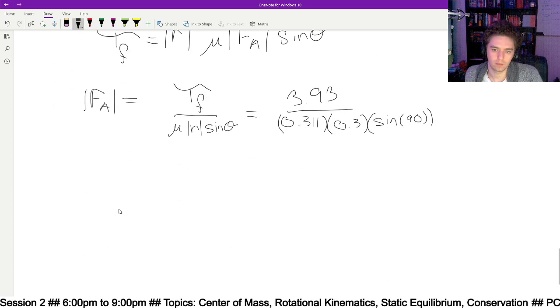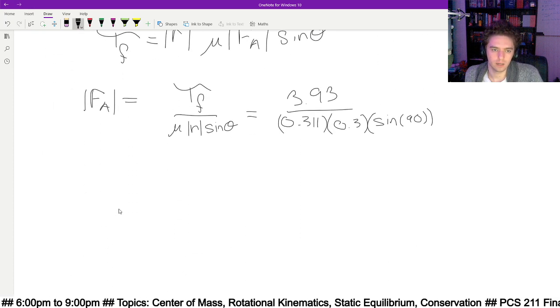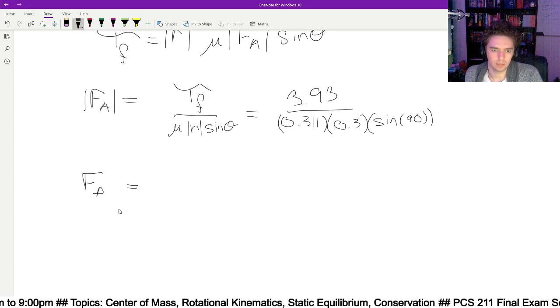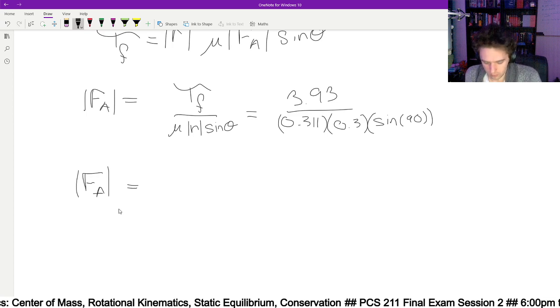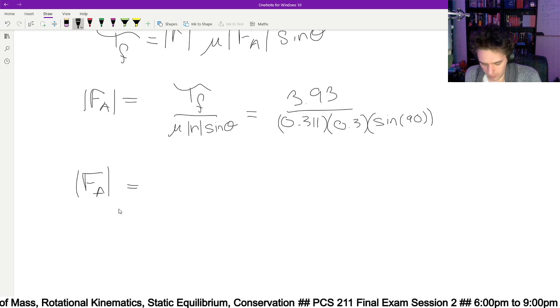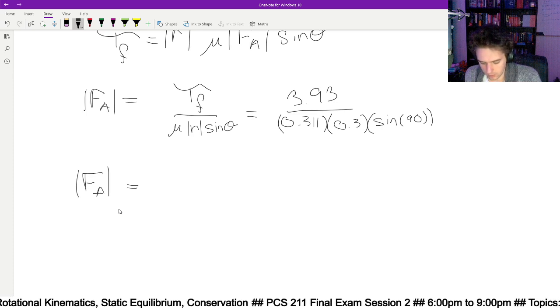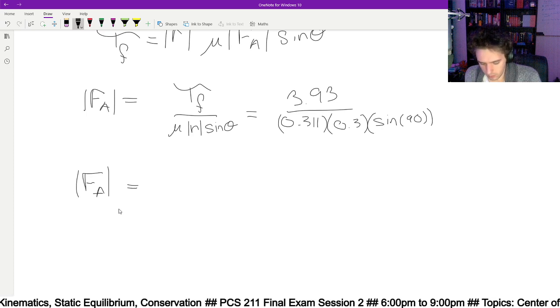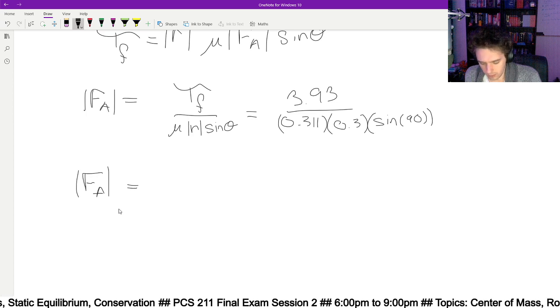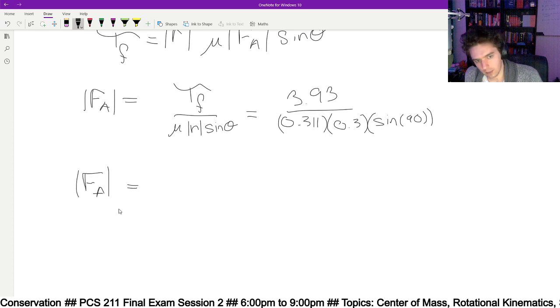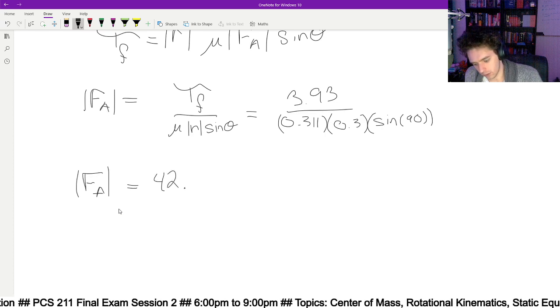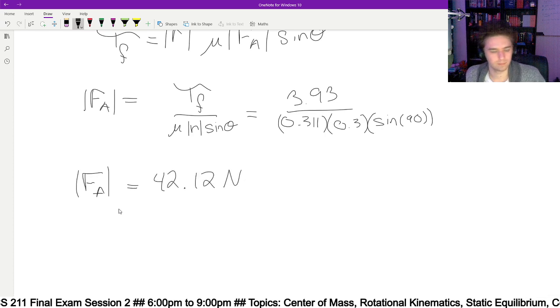So our final answer for the magnitude of the applied force: I'll just plug that in. 3.93 over 0.311 times 0.3 times sine of 90, which is 1. So my applied force should be 42.12 newtons.